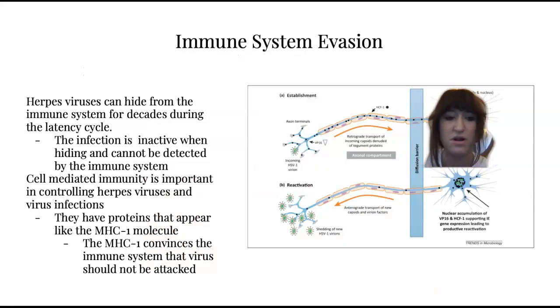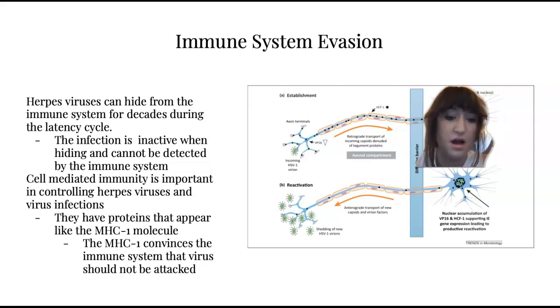As discussed before, immune system evasion is a very important aspect of this virus. Since herpes viruses are able to go latent, they can hide from the immune system for decades. Since the virus has a latency cycle, cell-mediated immunity is important in controlling herpes viral infection.